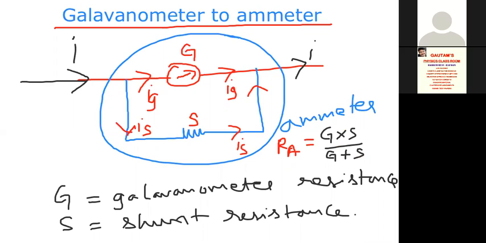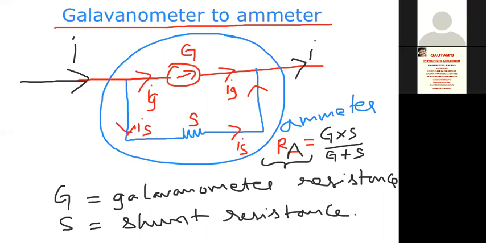Here RA is called the ammeter resistance. So an ammeter also measures current, a galvanometer also measures current. The difference is that an ammeter will allow more current, more strength of current, and a galvanometer less strength of current. Like that we can differentiate between a galvanometer and an ammeter.